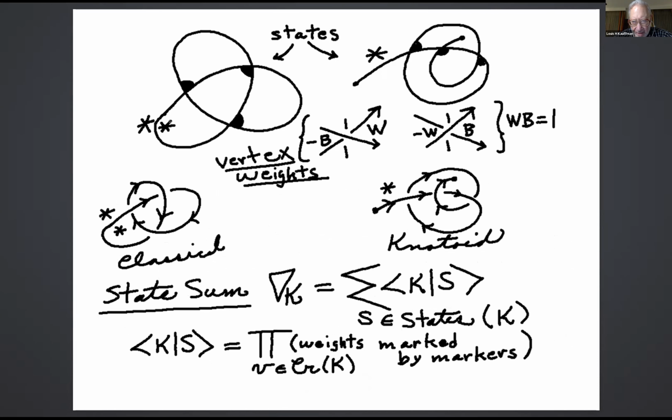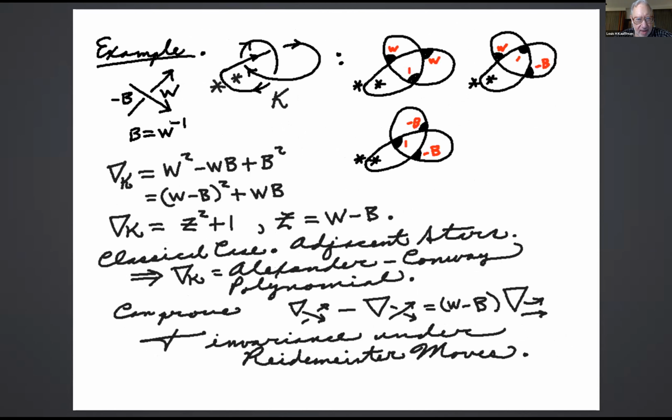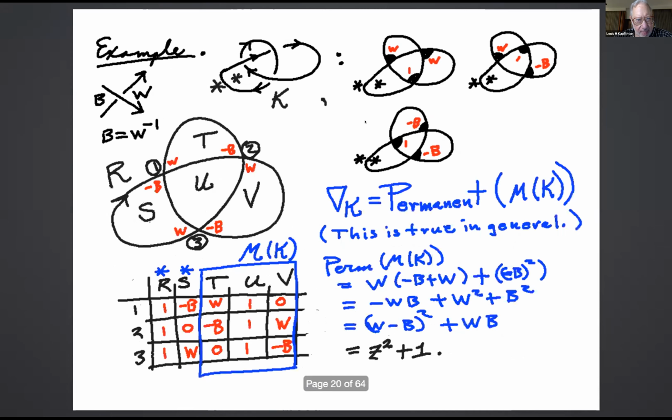So I haven't said anything new in this slide. We'll continue. Here's the standard example. We already did it before, but now I'm doing it by adding up all the states. Before I wrote the permanent. Now that's the example of the Conway polynomial of the trefoil knot. And of course, you could do it with a permanent.